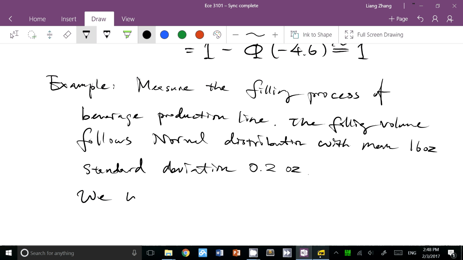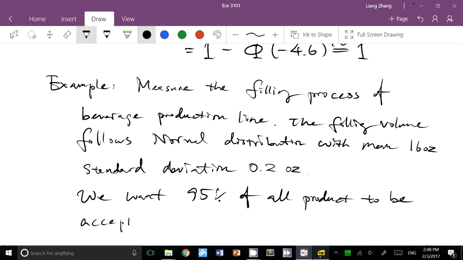We want 95% of all products to be acceptable in terms of the filling volume, meaning they have to be greater than a specification limit.